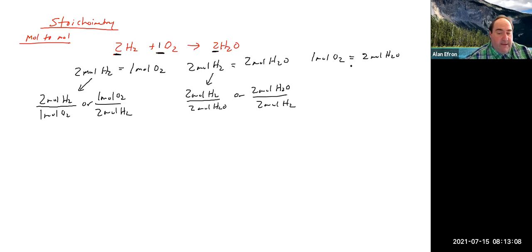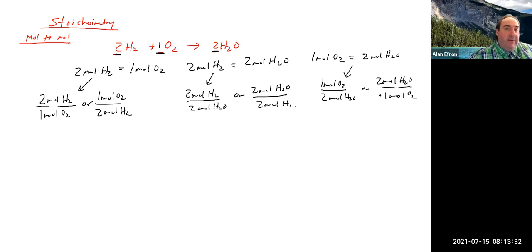And lastly, for this guy, we could write 2 conversion factors: 1 mole of O2 to 2 moles of H2O, and 2 moles of H2O to 1 mole of O2. So from this one simple balanced equation, we actually have 6 different conversion factors that we could use in a problem.